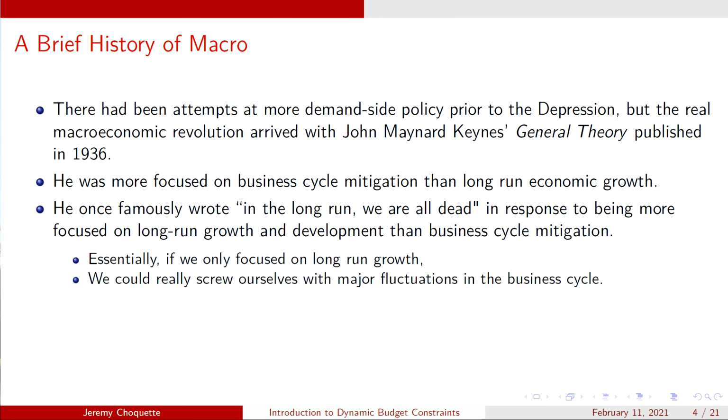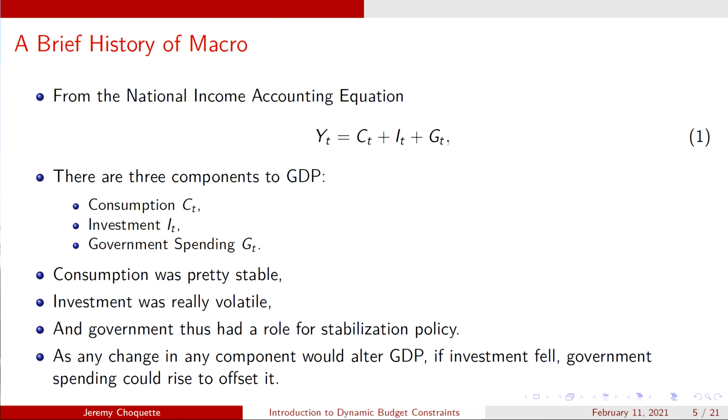And there's actually a whole lot of work on that, which we will be talking about in this course, not long from now, actually. Investment was super volatile. Therefore, government had a role for stabilization policy, as any change in any one of the components, anything on the right-hand side of equation 1, would alter GDP. If investment fell, government spending could rise to try to offset it.